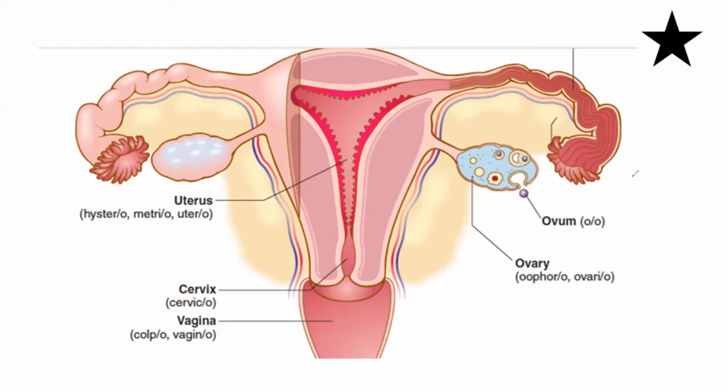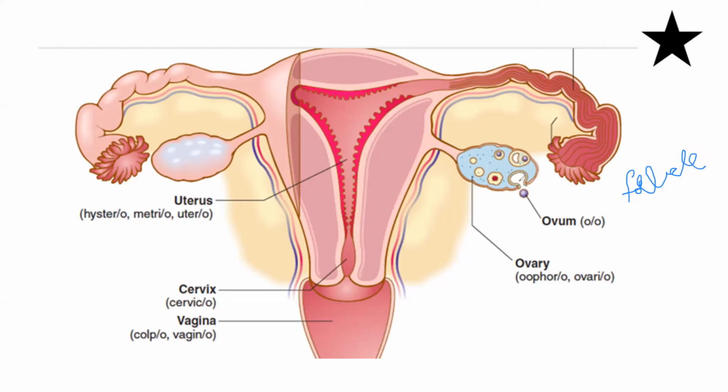So we have follicle, F-O-L-L-I-C-L-E, ovarian follicle. These follicles are chambers. This is one chamber, this is the other chamber. They contain ova in the ovaries.